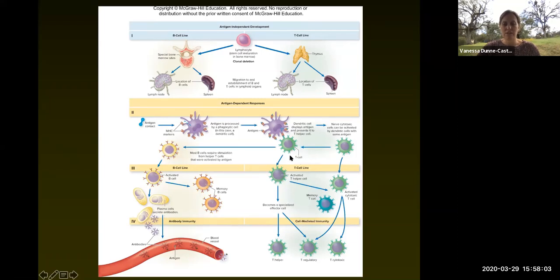Versus these T cells can also undergo different types of differentiation to become T helper cells or cytotoxic T cells, depending upon what the nature of that infection is, and become highly specialized, what we call effector cells, to go and do some specific function. So here's 3 different types of highly specialized effector cells: T helper cells, T regulatory cells, and T cytotoxic cells. And actually there's more, but we'll look at both of these arms of activation of our immune response.